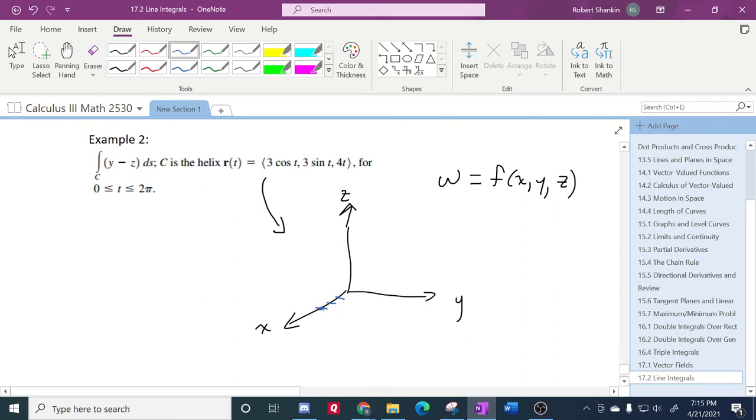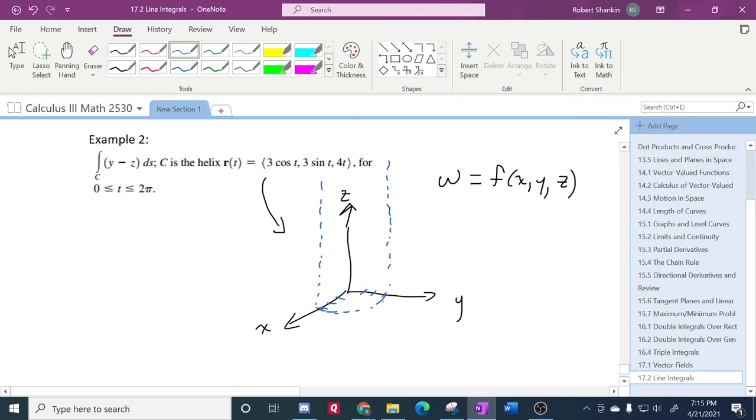How I might draw this is I might draw the cylinder here.